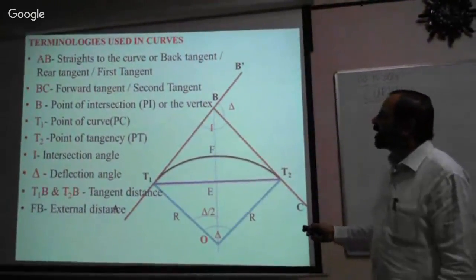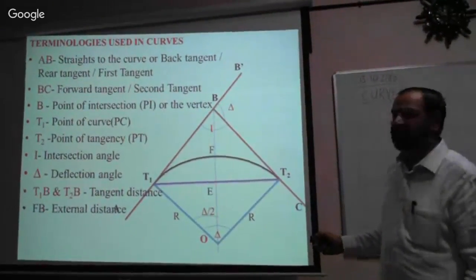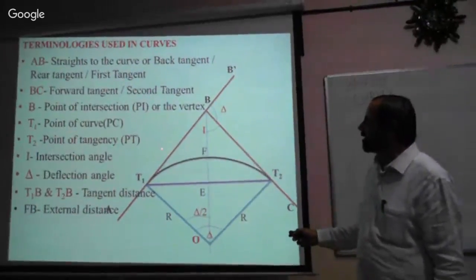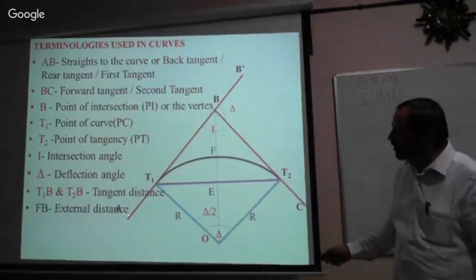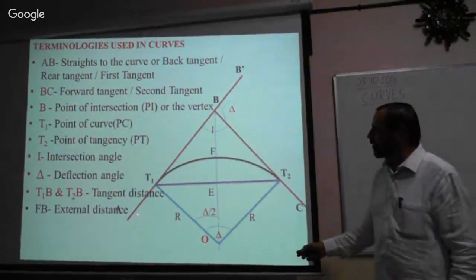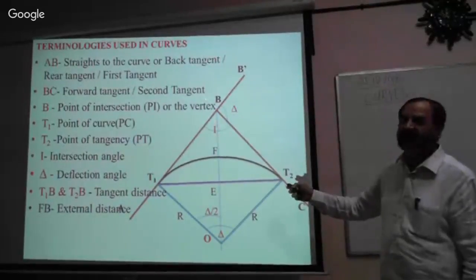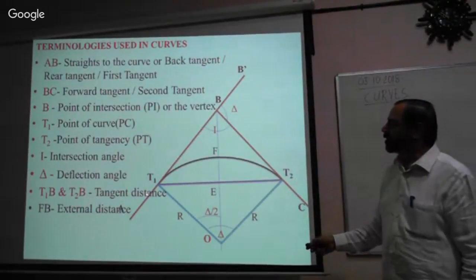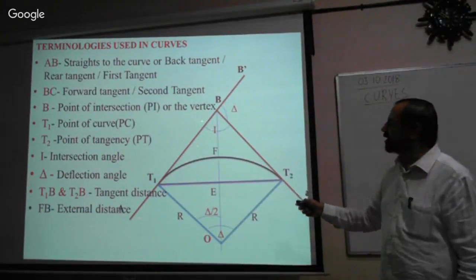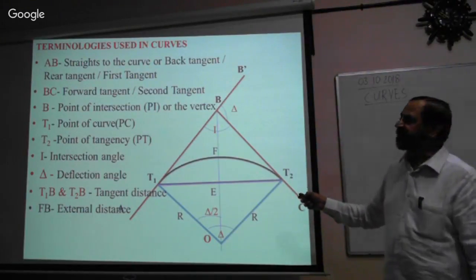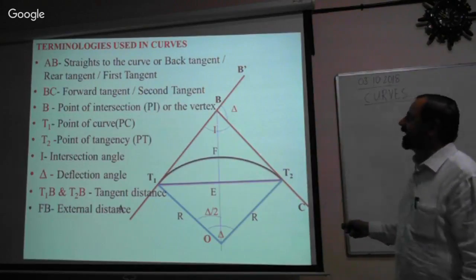And here, BC is the forward tangent, and this is the rear tangent. When we are moving from this end, this is the progress of our survey line. AB is the first tangent and BC is the second tangent.